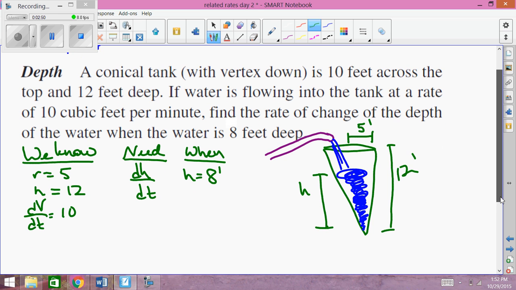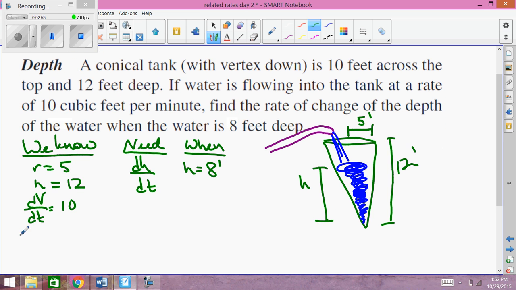Another thing that we know is the volume of a cone, V equals one third pi r squared h. Usually what we would do is take the derivative of it, because we need dH/dt.